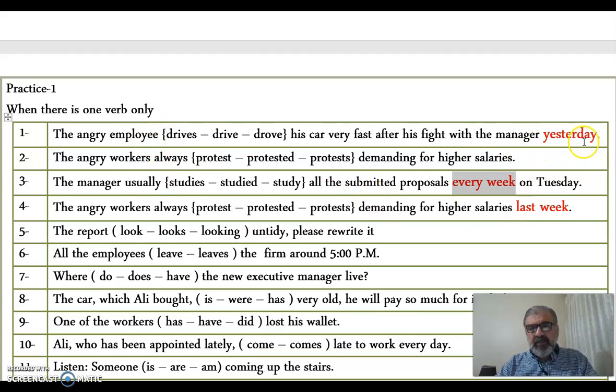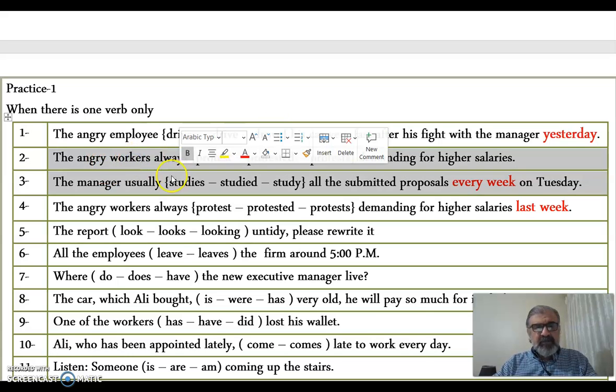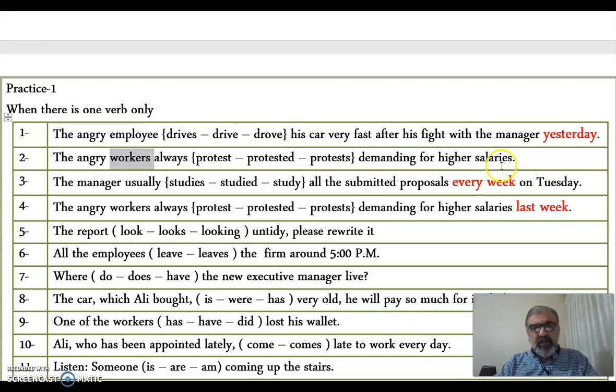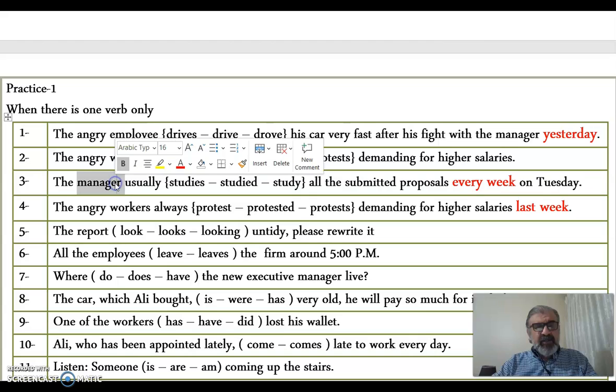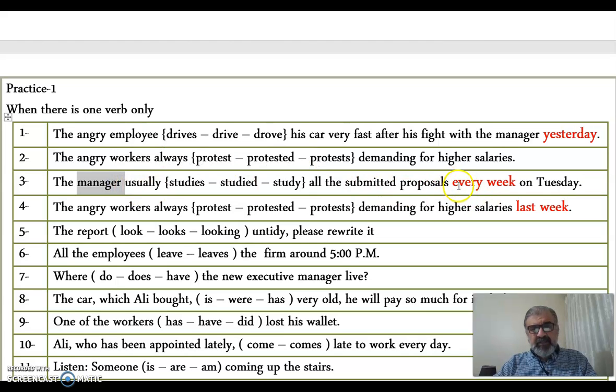Now, the angry employees yesterday is in the past, so we should use drove. The angry workers is plural, and it doesn't have any indication of the past, so we should use the present. The workers protest. The manager, every week, this indicates the present, so studies. Workers, last week indicates the past, protested.